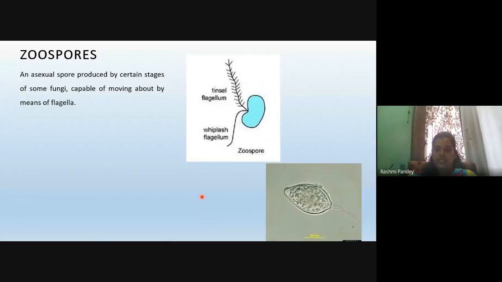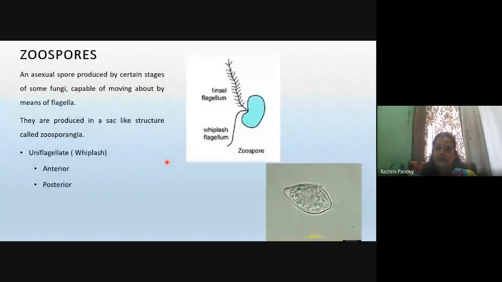So one thing is sure, it is going to have a flagellum. That's why we have the word zoospore, which can move around, is motile in its locomotion. This is one of the characteristics. Wherever zoospores are produced, in whichever apparatus or sac, it is called the zoosporangium, a sporangium containing zoospores.